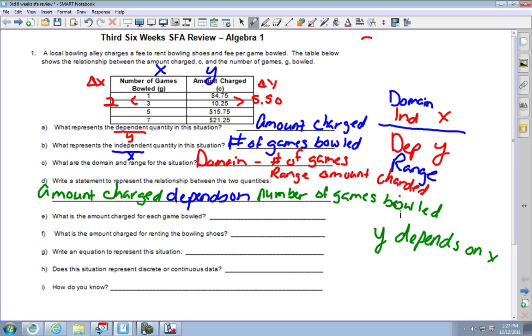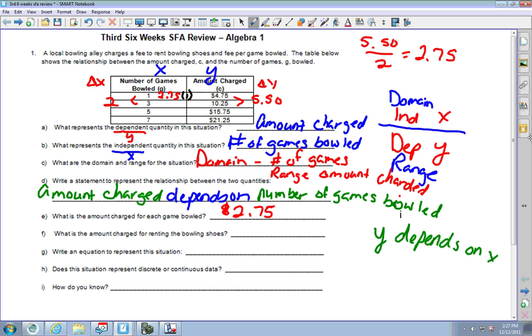If you take 550 divided by 2, you get 275. Is that right? Sure is. So 275 is how much each game bowled costs.